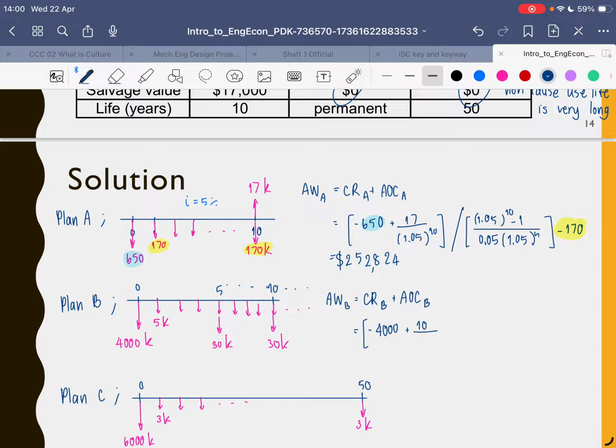That is minus 4,000K divided by (1.05 to the n minus 1) divided by (0.05 times 1.05 to the n).